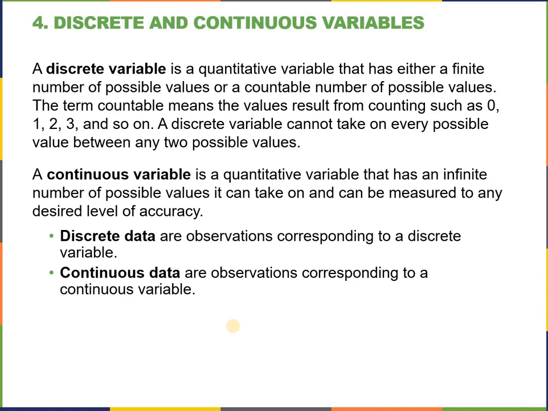Quantitative data is going to be either discrete or continuous. So when we talk about numbers, there are 2 types of numbers: discrete and continuous.